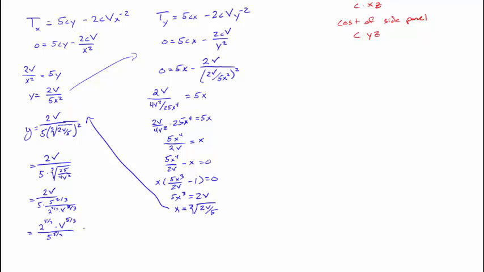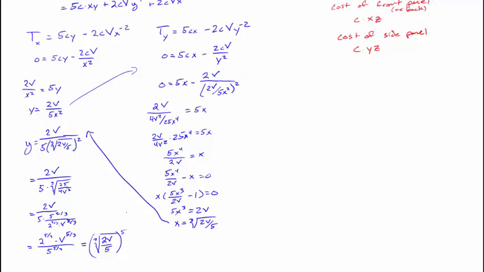Or if I put this back into root form now, this is 2v over 5 cube root thereof all to the 5th power. No, I totally made a mistake because I flipped when I shouldn't have. I should have flipped that up to the top.